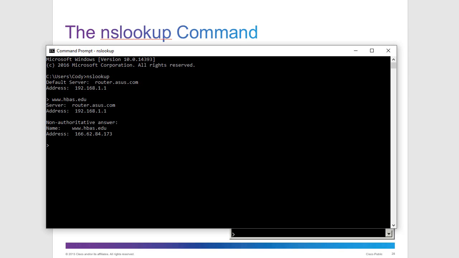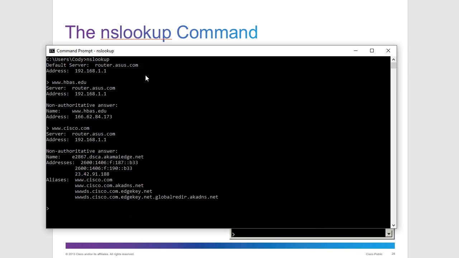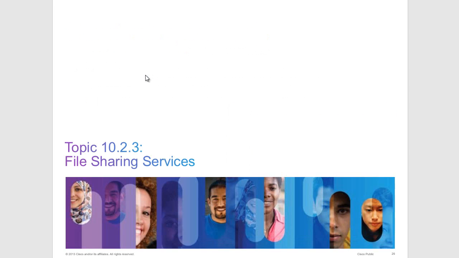So I have the actual address for Huntington Beach Adult School. Now www.cisco.com: we've got some IPv6 addresses, different aliases, and the IPv4 address. So there that is. That's how nslookup works. You're just looking for the actual IP address of different sites manually.